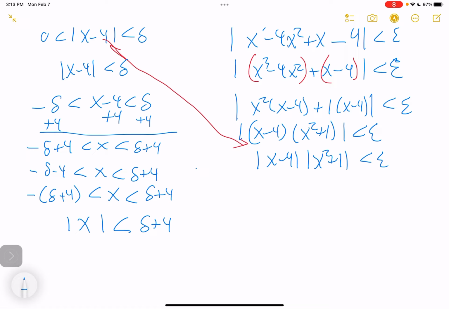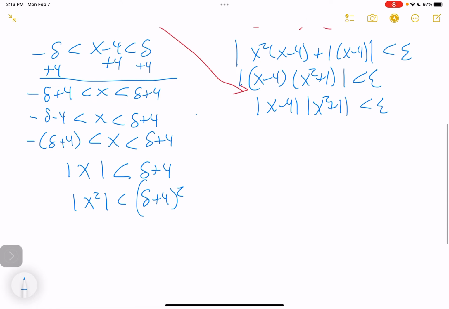And then if I were to square both sides, I'd have the delta plus 4 quantity squared. And then if I were to add 1 to both sides, I have absolute value of x squared plus 1 is less than delta plus 4 squared plus 1.